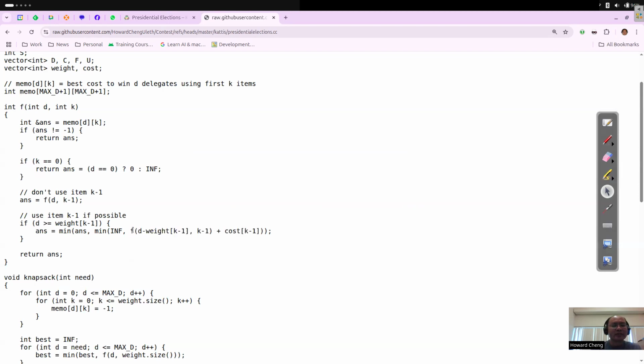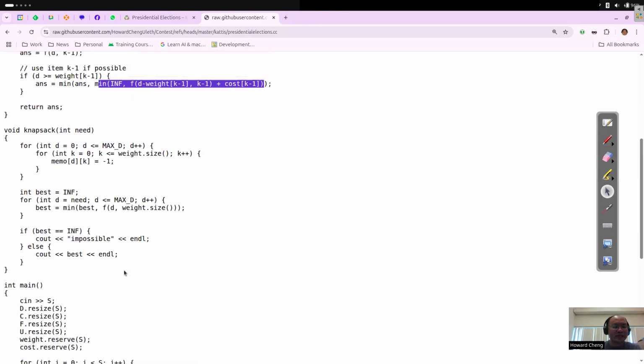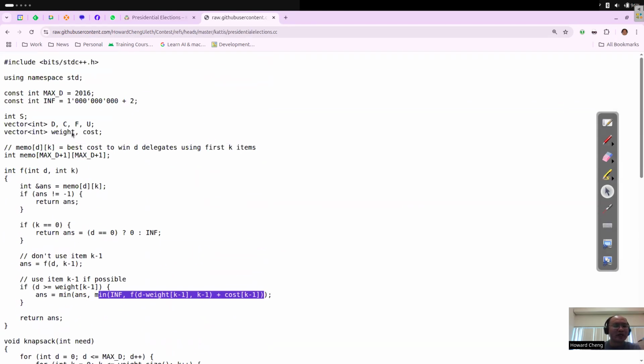And then because this can return infinity, if this is not possible, I just do a min with infinity to make sure that it doesn't go too big. Okay, so what I said sounds a little bit funny because how can an infinity get too big? Because in my code, there is no such thing as infinity.